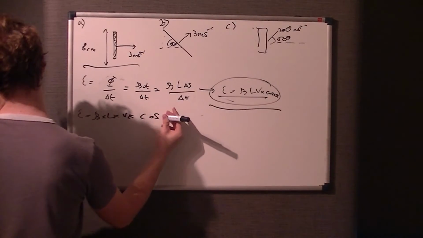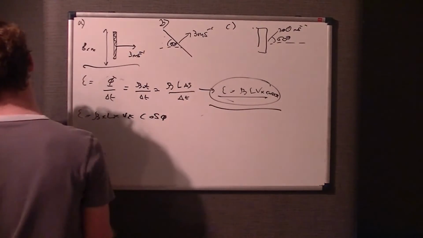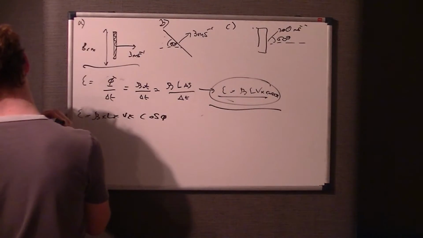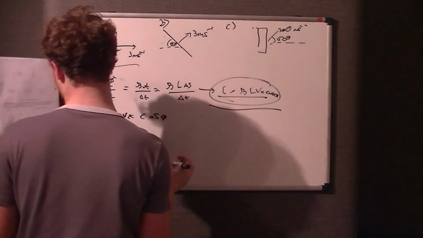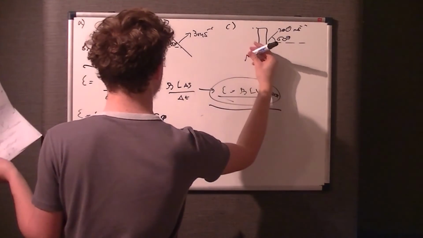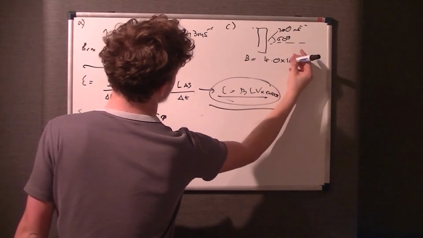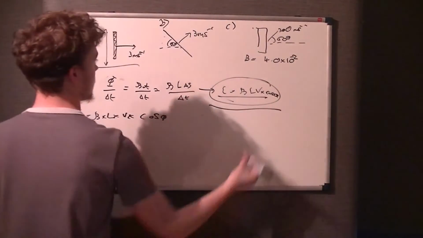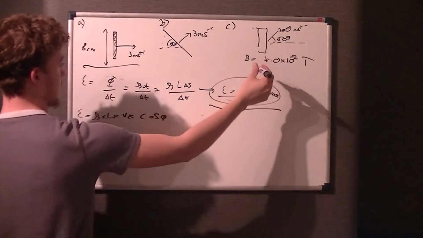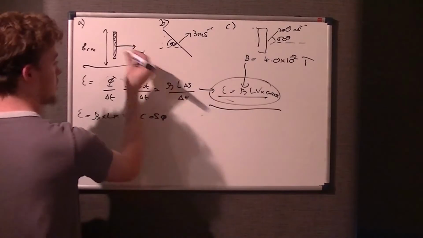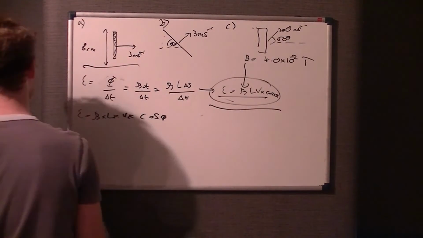And we're told the magnetic flux density is 4 times 10 to the minus 2 tesla in each case.